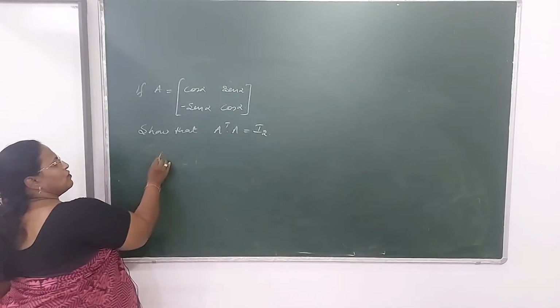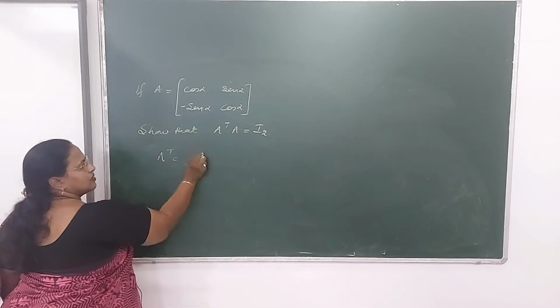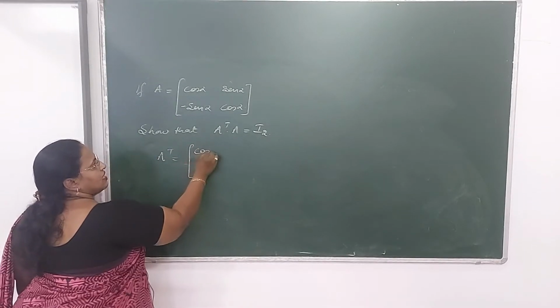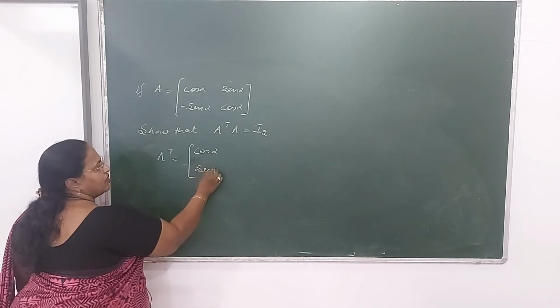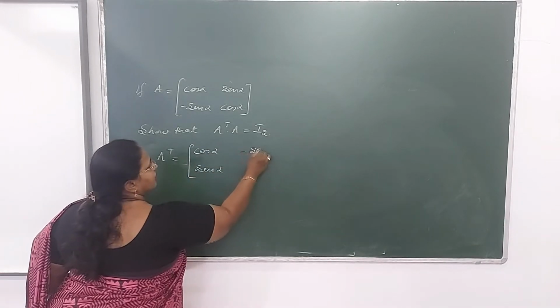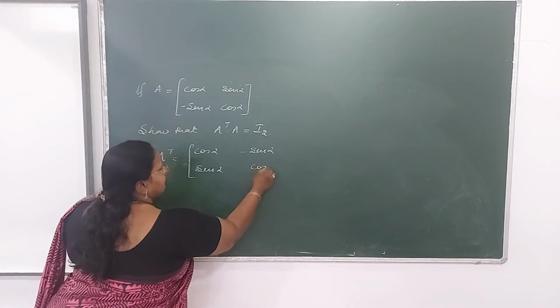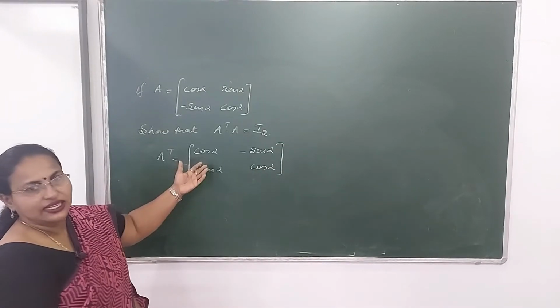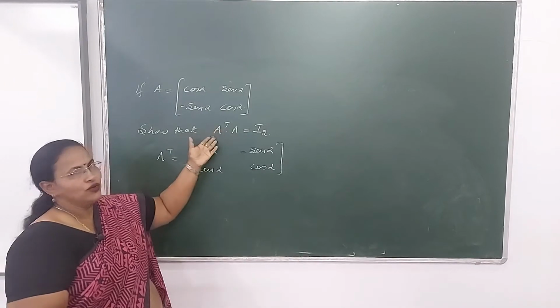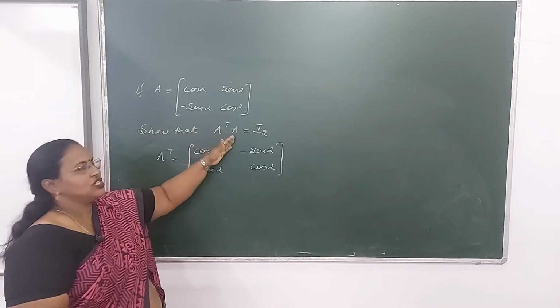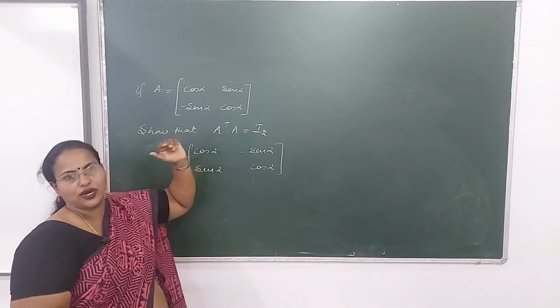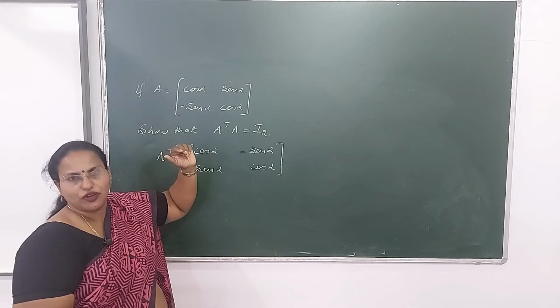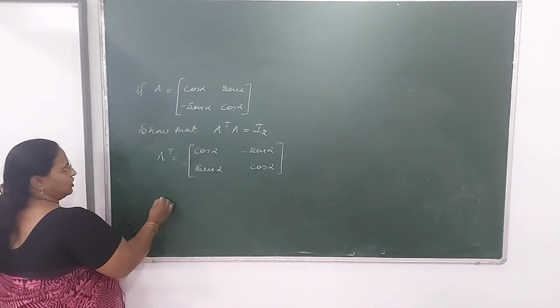So what to do? You will find out the transpose of this. So it is cos alpha, minus sin alpha; sin alpha, cos alpha. Now we'll take the left hand side. Now what to do? A transpose into A, you have to show it is I2. I2 means identity matrix of order 2. Substitute the value.